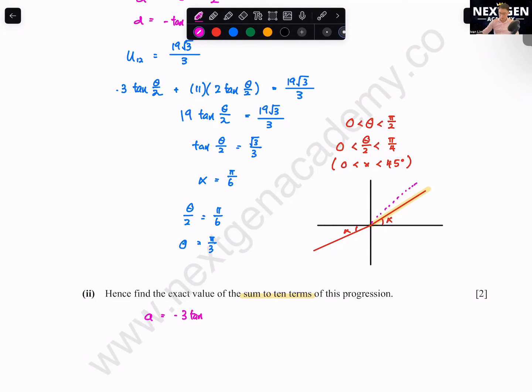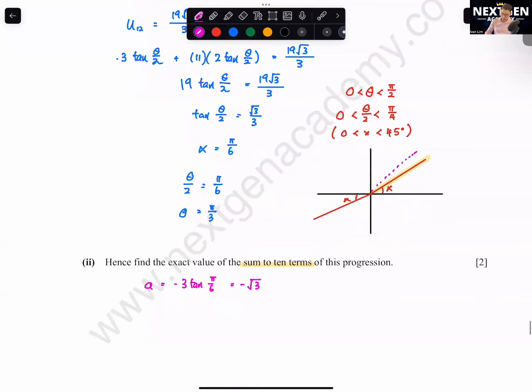Okay, I'm going to substitute in the pi over 3 into the equation. So here will be pi over 6, which will get negative root 3. The d value, 2 tangent pi over 6, okay, which will get 2 root 3 over 3.